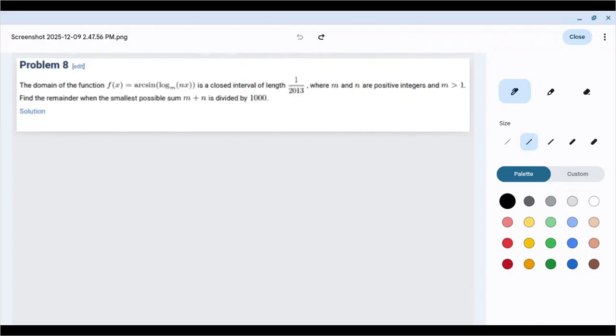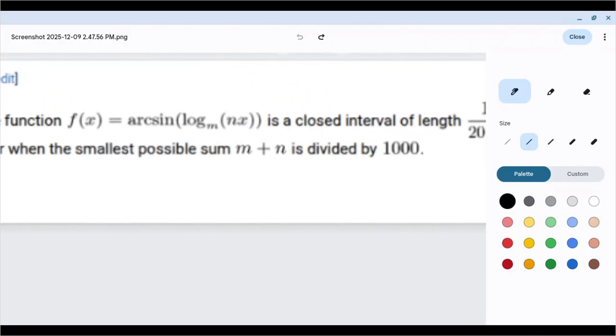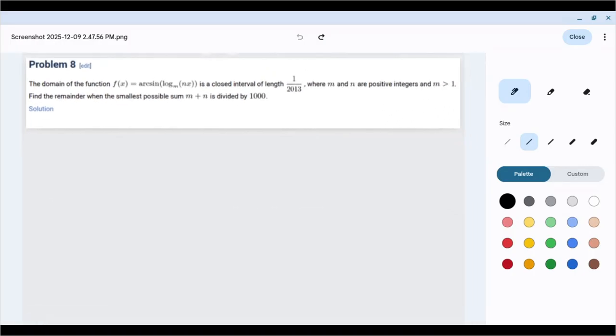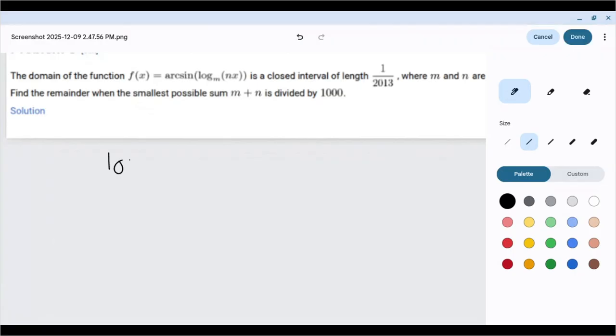So the first thing here is we want to start from outside and work inwards to get to x. First, for arcsine, we know that the domain of arcsine is -1 to 1. So that means log base m of nx is greater than or equal to -1 and less than or equal to 1.